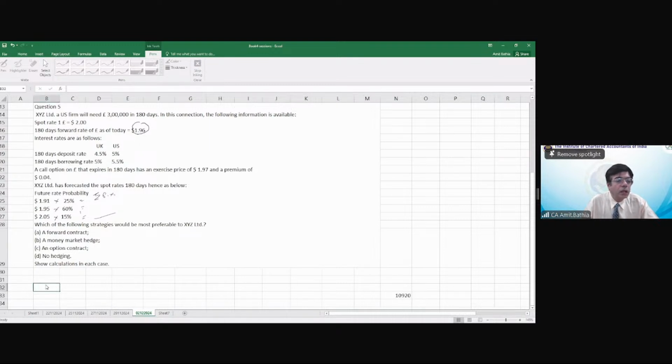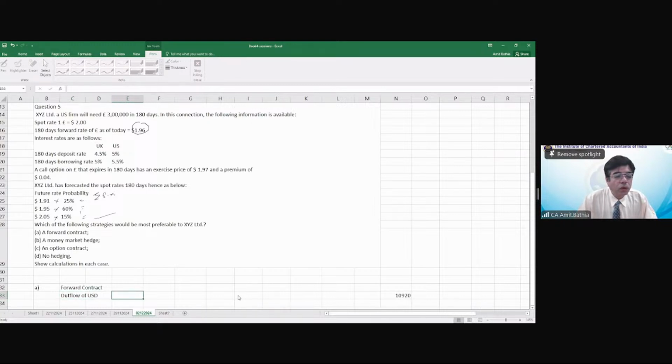All right. First and foremost, forward contract cover, right? So, A, I have forward contract. What will be my outflow in this option? Outflow of USD.